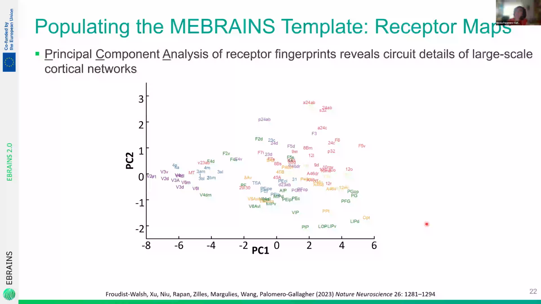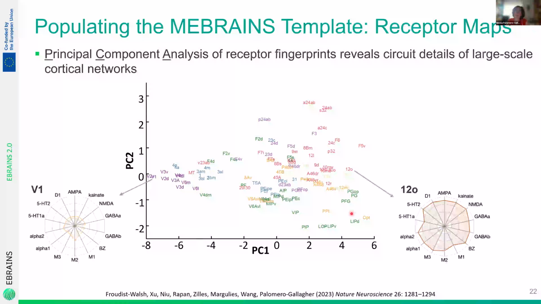create this plot here. And if you look at the areas that are located in this plot, and you look at the position in the brain, and you compare not just their location in the brain, but also what their neuronal densities are, you can see that the areas that are located on the left of the plot are characterized by a relatively low receptor density per neuronal density, whereas the areas that are located to the right of this first principal component have a very high density of receptors per neuron.